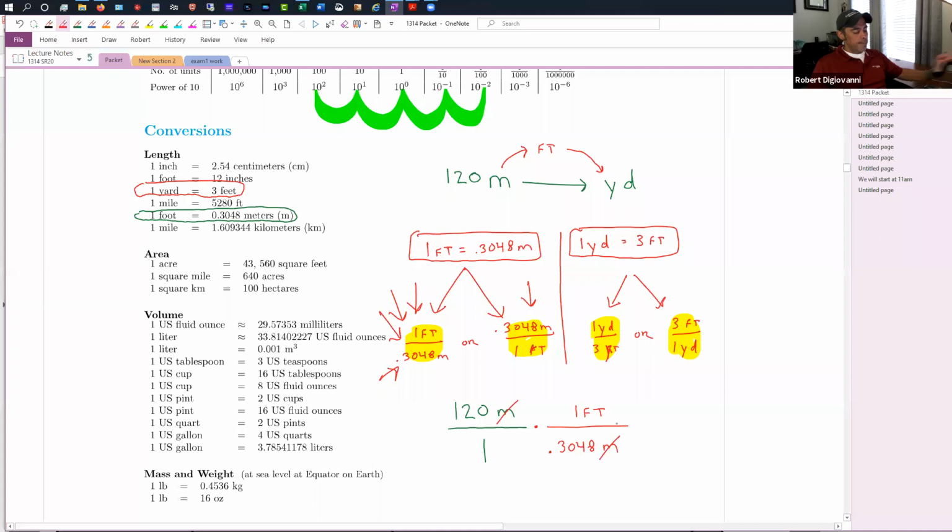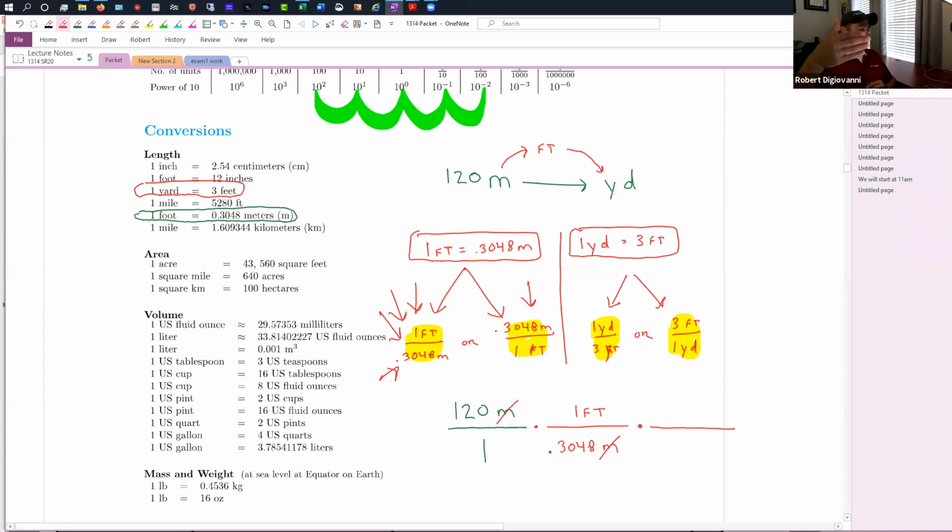That's right. Okay, so right now, if I were to multiply across, my answer would be in what unit? Feet, right? That's not what we want. We want yards. So next to this, I'm going to put another fraction I'm going to multiply. But I want the feet to go away now.